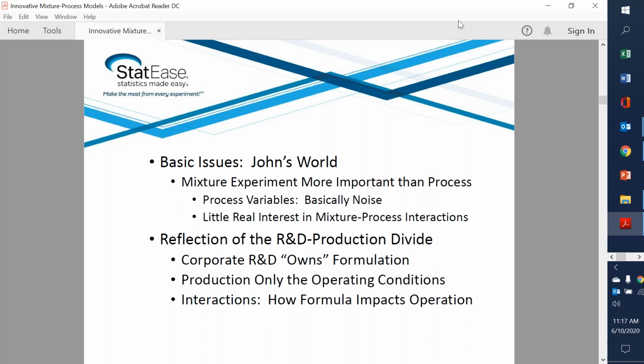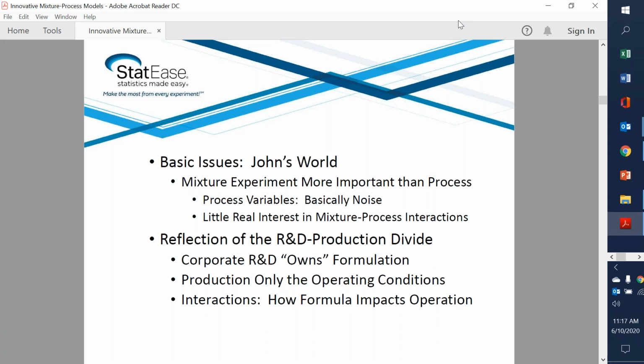Part of this is a reflection, and it's still prevalent in a lot of organizations, of the research and development and production divide. In a lot of companies, corporate R&D owns the formulation. They do it in a pristine lab. And I'd love to hear comments from people listening to the talk if they still see this divide.